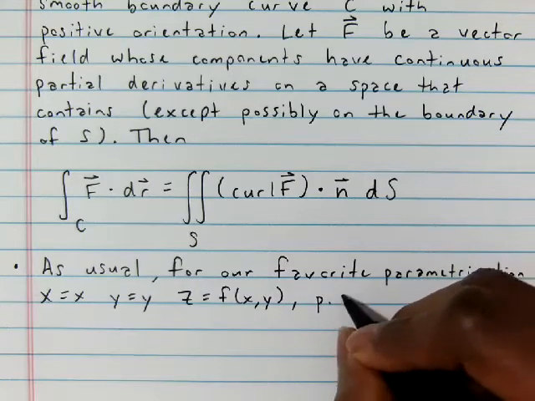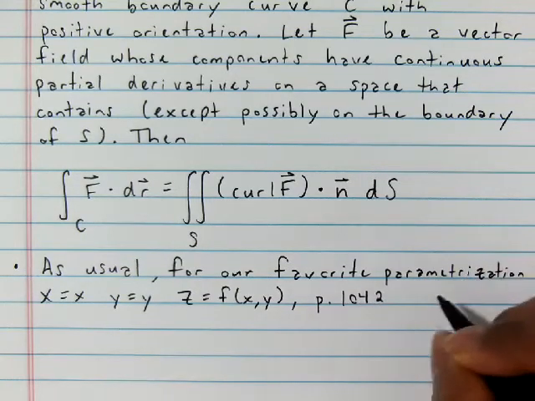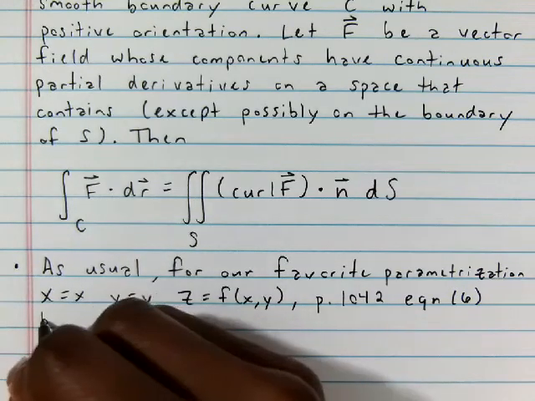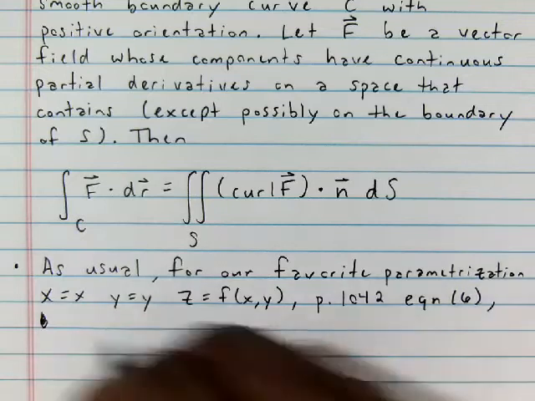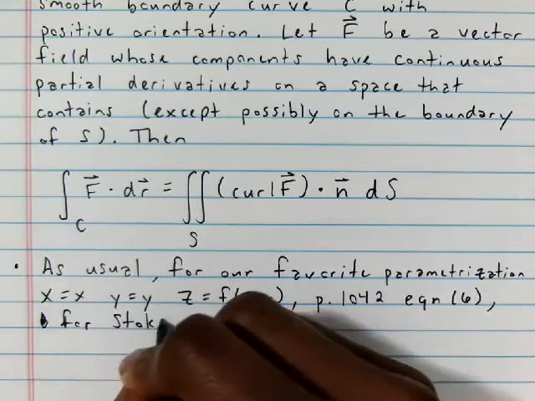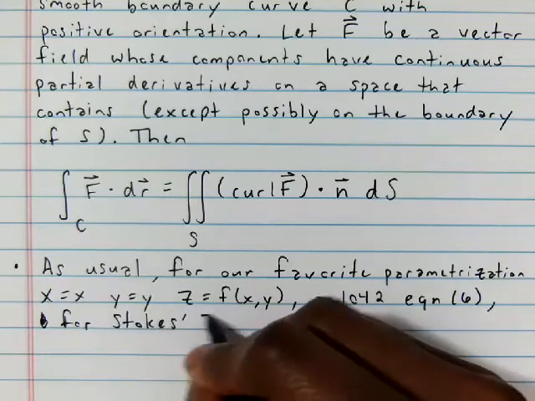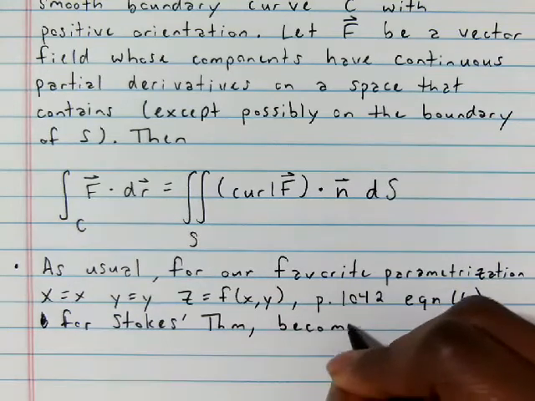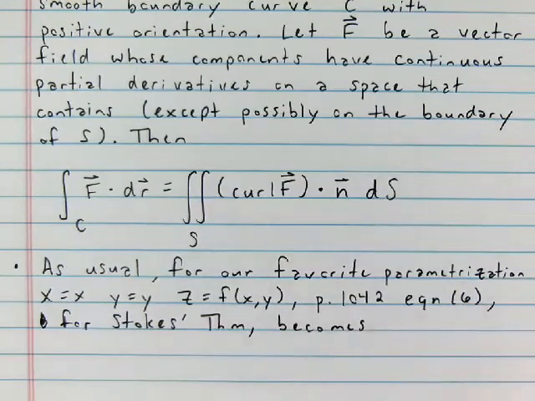Page 1042, equation 6. For Stokes theorem it becomes, so it's the same equation that we were using before when we were doing the surface integral.